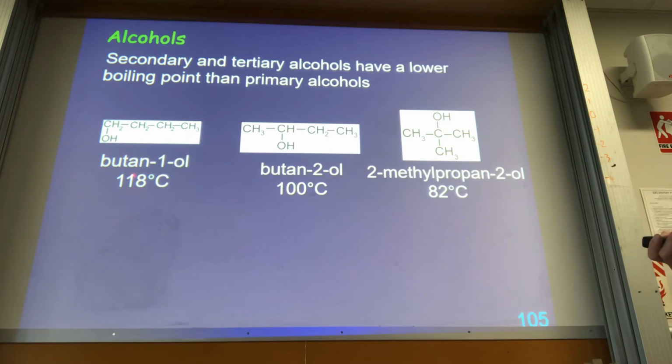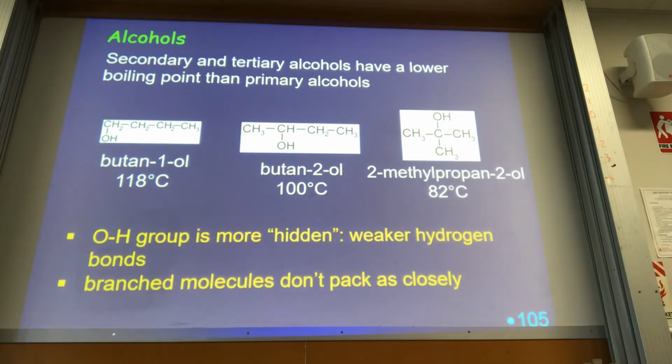So you get stronger hydrogen bonding, therefore a higher boiling point. So secondary and tertiary alcohols, with the hydroxyl group being covered up a little bit more, have lower boiling points. Branched molecules also don't pack as closely.